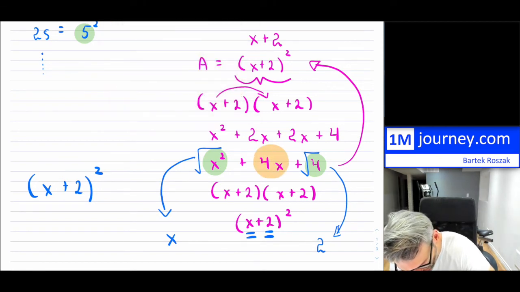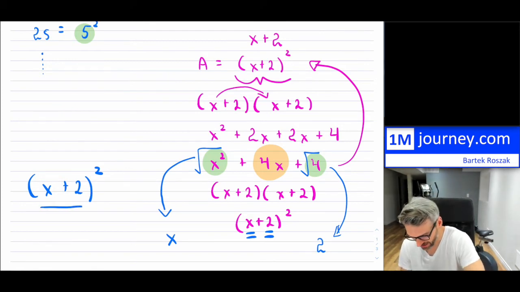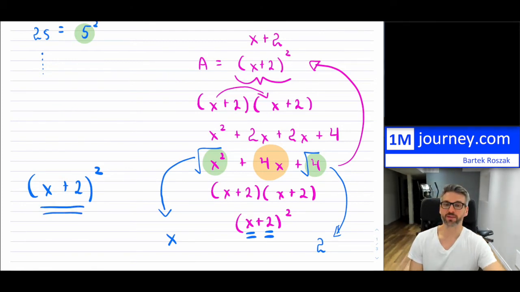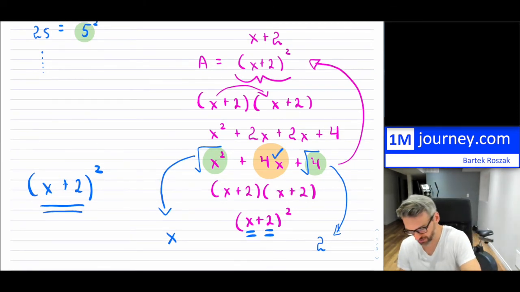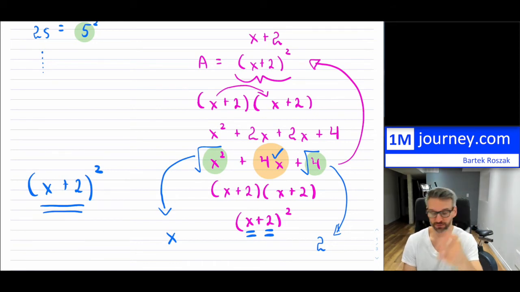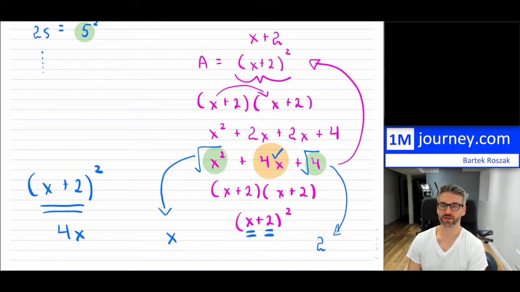This number is 4x. And notice that if I expand this out, as I did, then my middle number is also going to be 4. The reason is because it is 2 times x, and then I have 2 of them, so that middle is going to be 4x. And you have just found your square root.